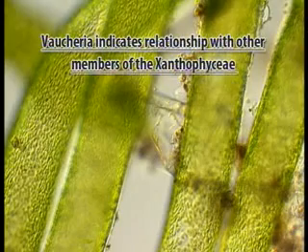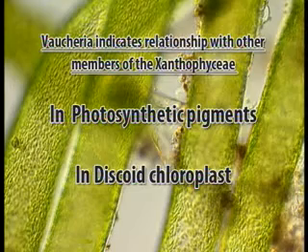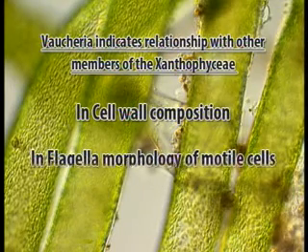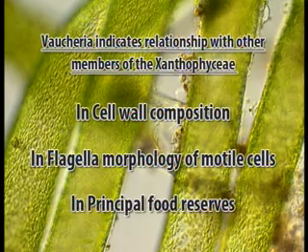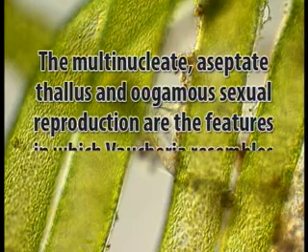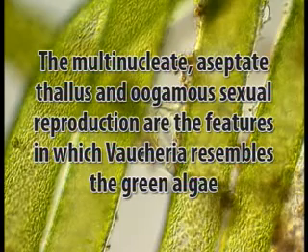In siphonaceous coenocytic acellular organization of the thallus, photosynthetic pigments, discoid chloroplasts, cell wall composition, flagella morphology of motile cells, and principal food reserve, Vaucheria indicates relationship with other members of the Xanthophyceae. The multinucleate, aseptate thallus and oogamous sexual reproduction are the features in which Vaucheria resembles the green algae.